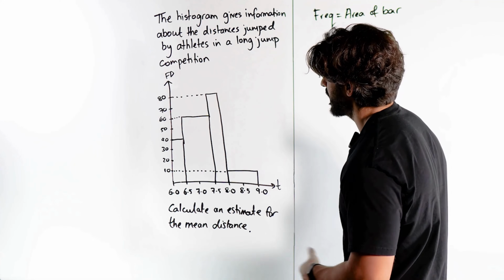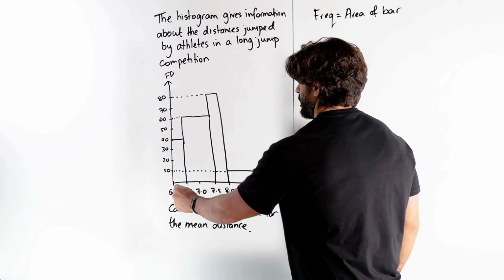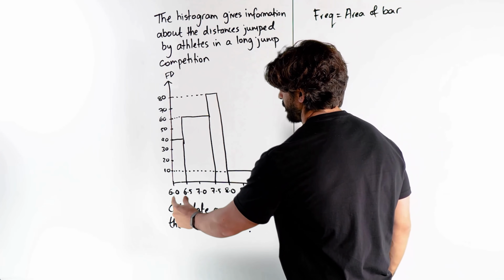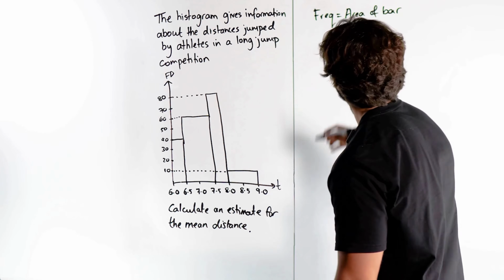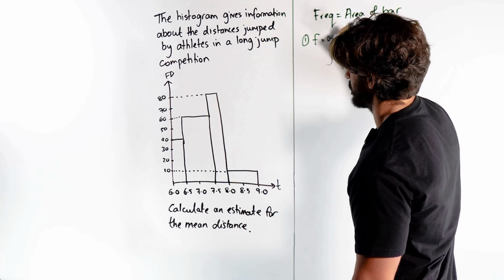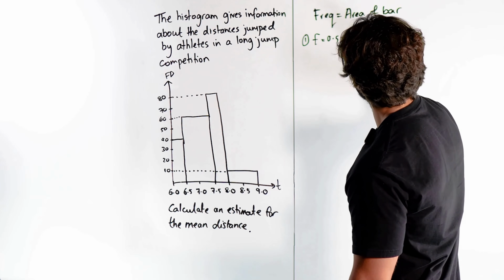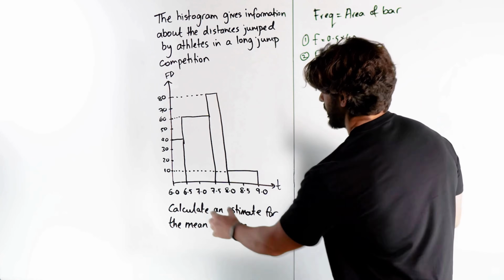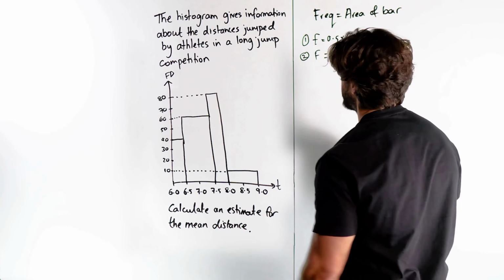So on the diagram, I have my base length here, which is 0.5 times 40. So for group 1, my frequency is 0.5 times 40. For my second one, my frequency is 1 times 60.